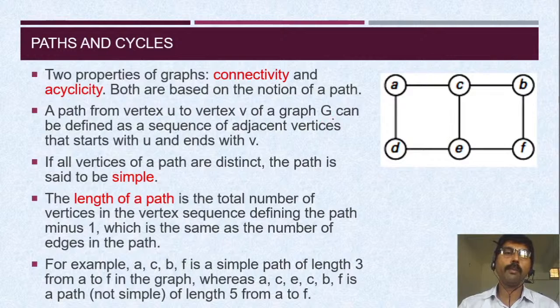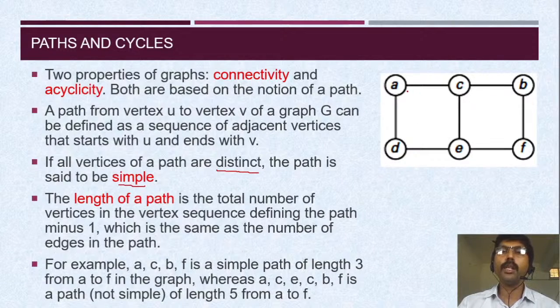What is the meaning of simple path? If all the vertices of a path are distinct, distinct meaning there is no duplicate or repetition, then such paths are called simple paths.